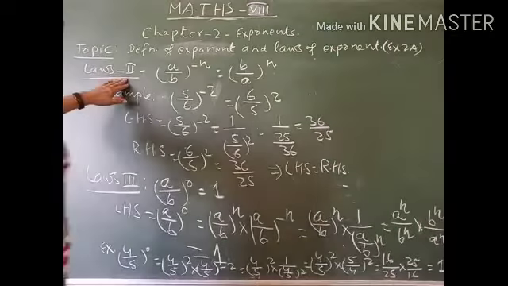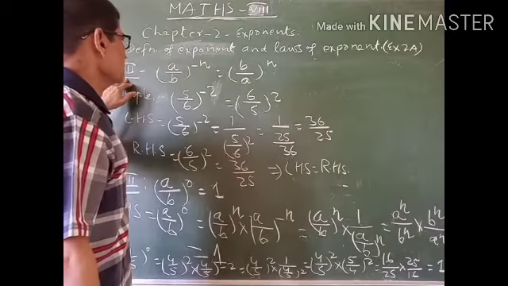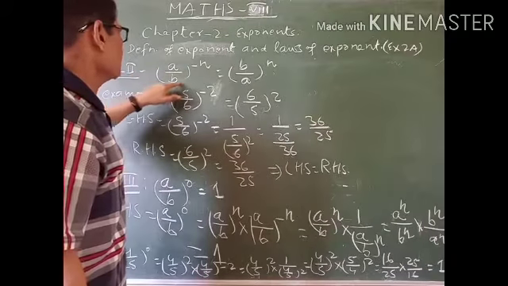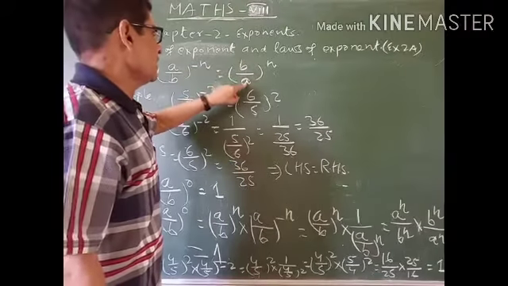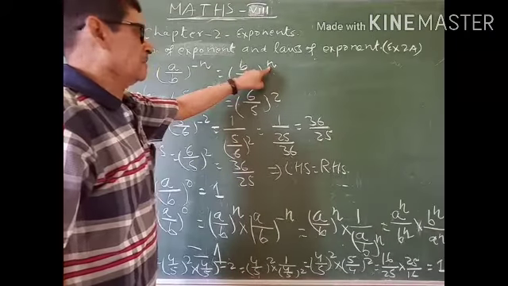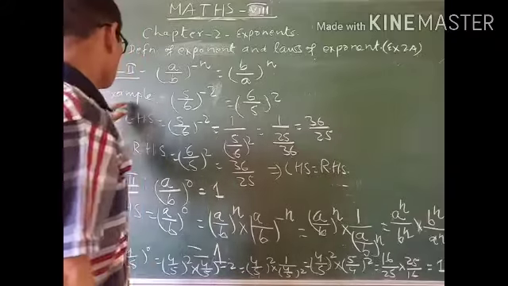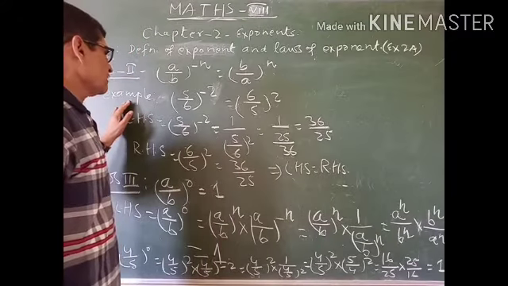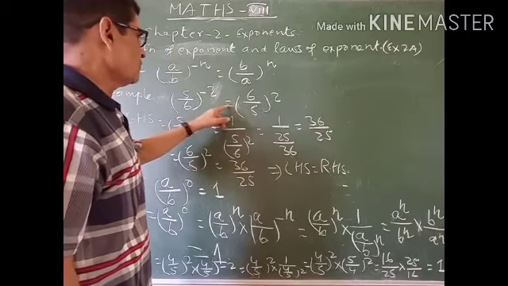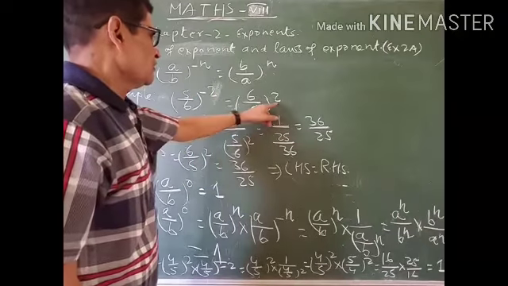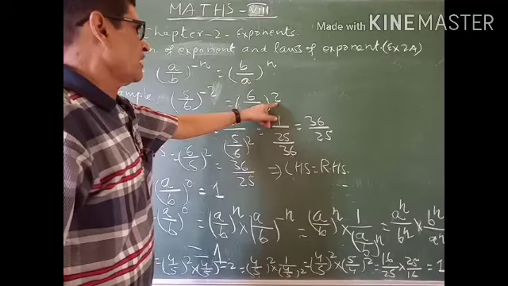Now come to the second law. a by b to the power minus n equal to b by a to the power n. Example, you can take 5 by 6 to the power minus 2 equal to 6 by 5 to the power square.